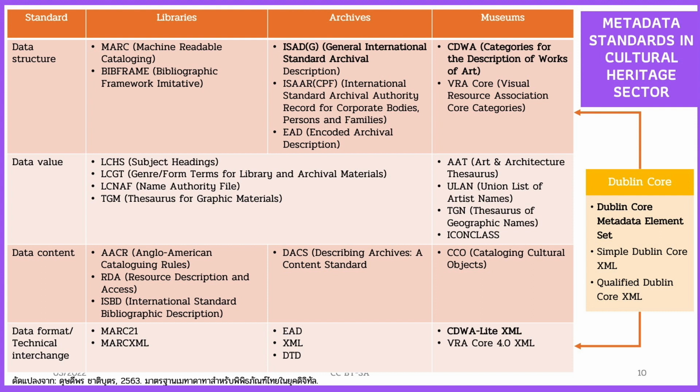But if you want to create an archive database, you must use ISAD for your database structure. In case we couldn't find a suitable standard metadata, but have a clear purpose to disseminate academic information through the website, there is the Dublin Core metadata element set, which is a general description for web resources.